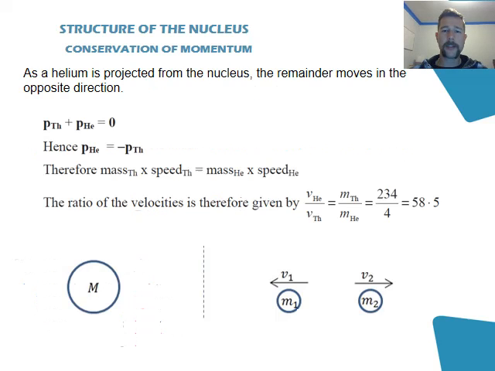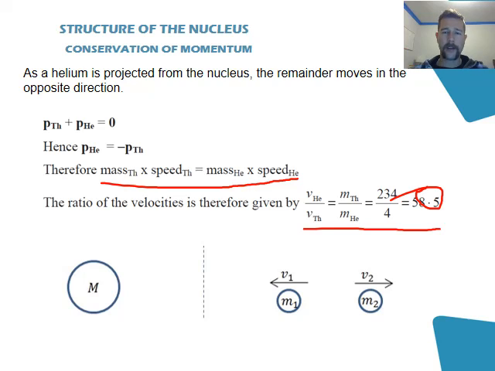So looking at this scenario in a mathematical detail, we can see that because the momentum of the thorium and the momentum of the helium have to be equal, we get the equations in this line here, and rearranging we can find that the helium being so much lighter, it actually travels at a far greater velocity, in the order of 60 times faster.